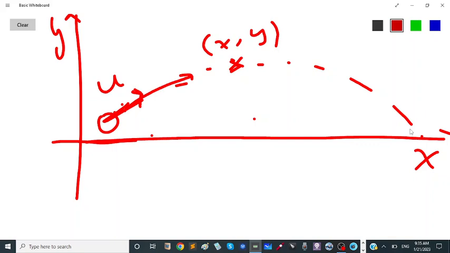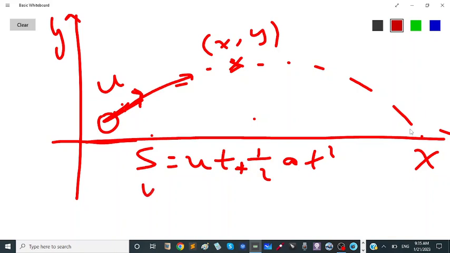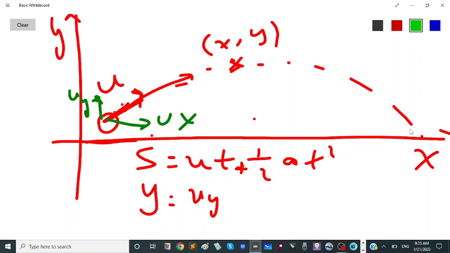So instead of s equals ut plus half of at square, we can write, for the vertical displacement, y equals uy t plus half of a t square, because we can resolve the initial velocity into ux and uy components.